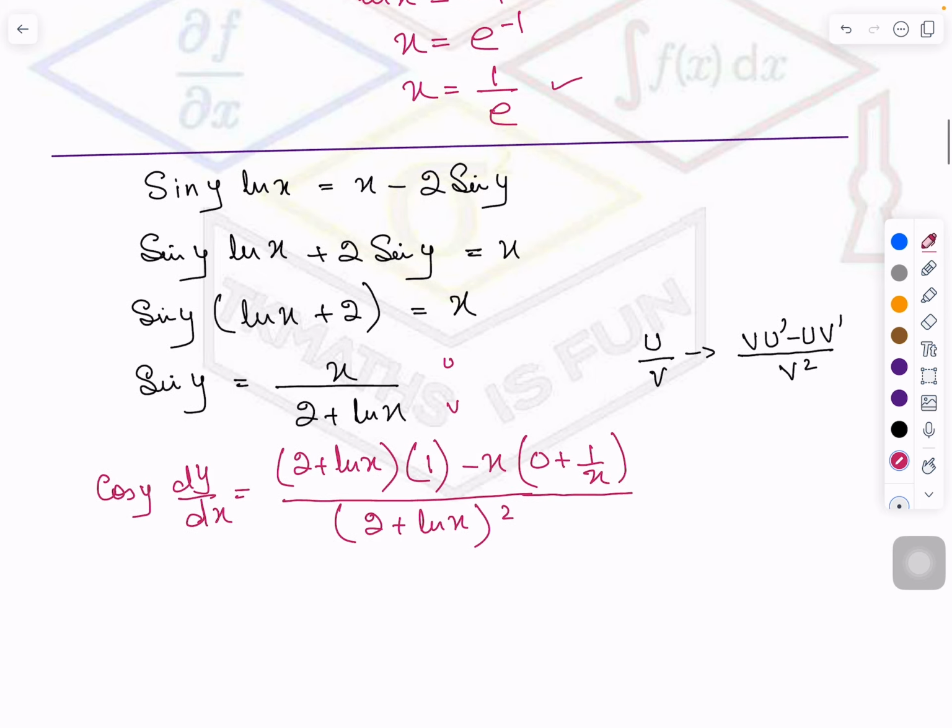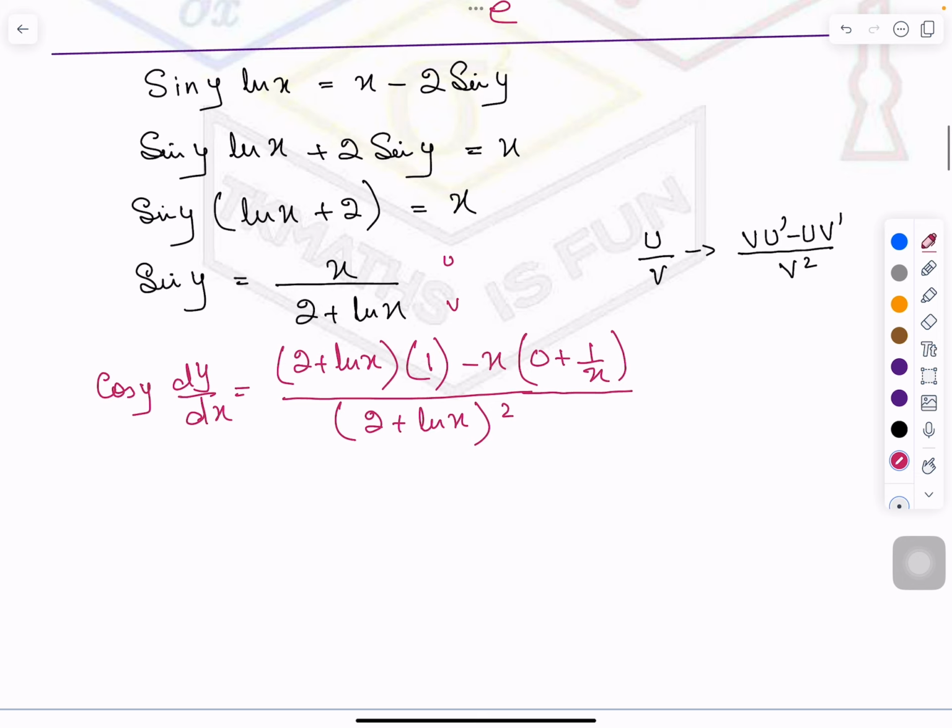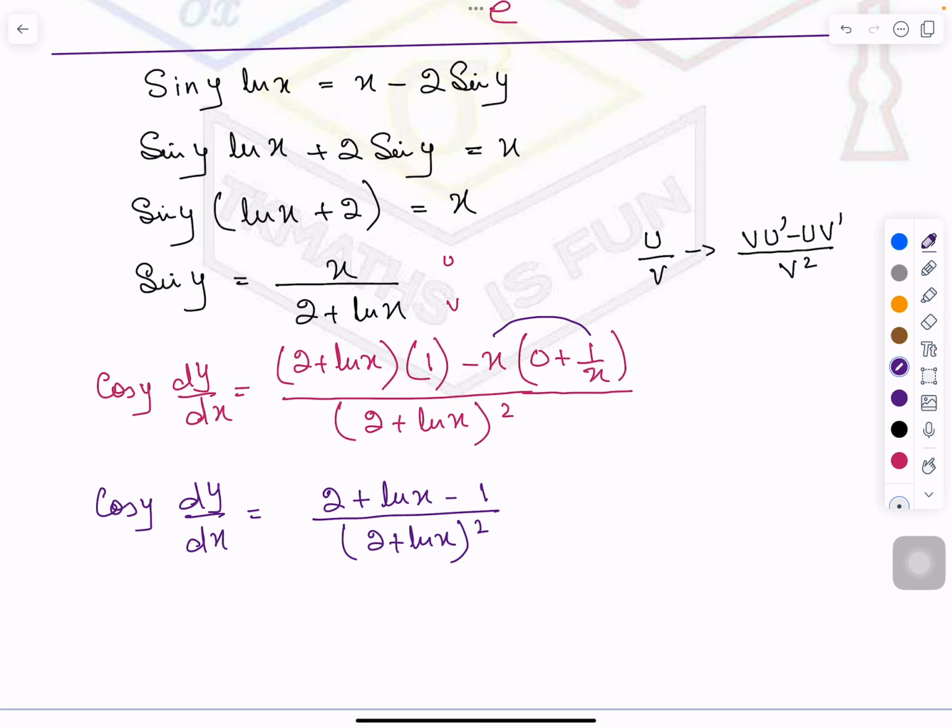So it will be cos y. You should know different ways to handle the question so that you can think of different ways. So x multiplied by 1 over x will be 1 only, right? So 2 minus 1 will be 1.